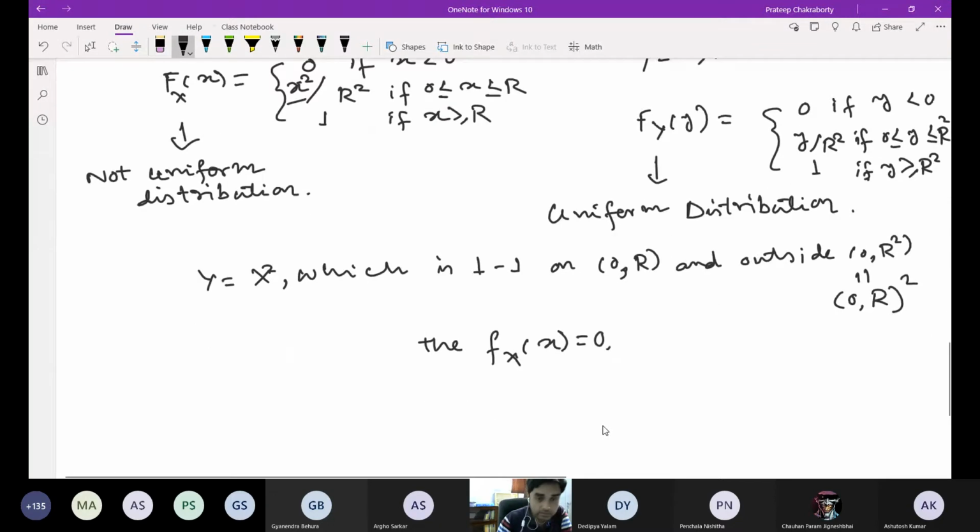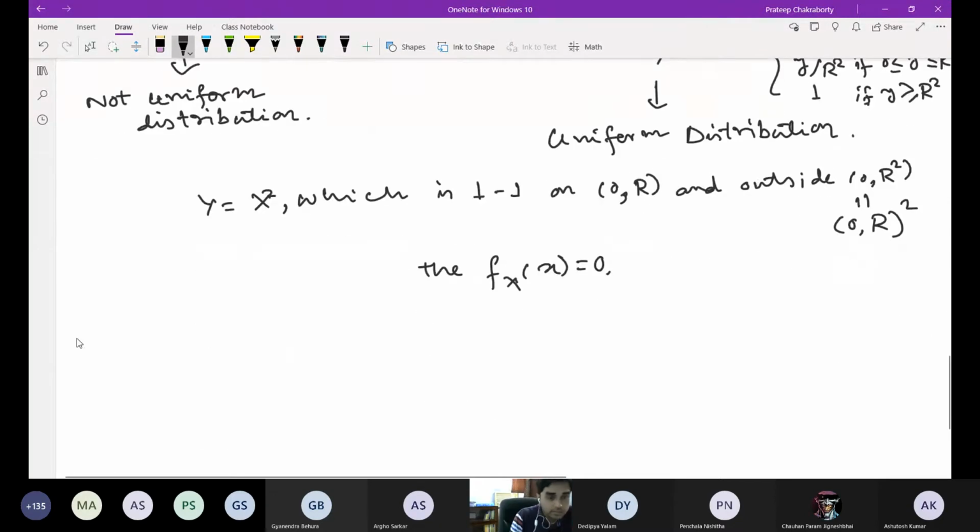Similar cases happen for the next theorem, which we'll state now.